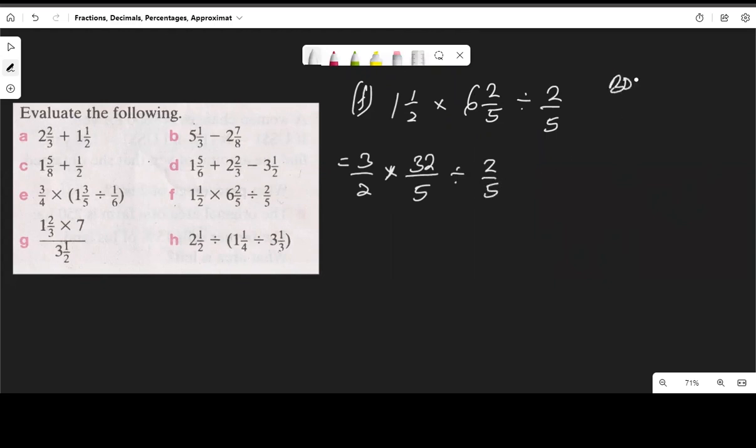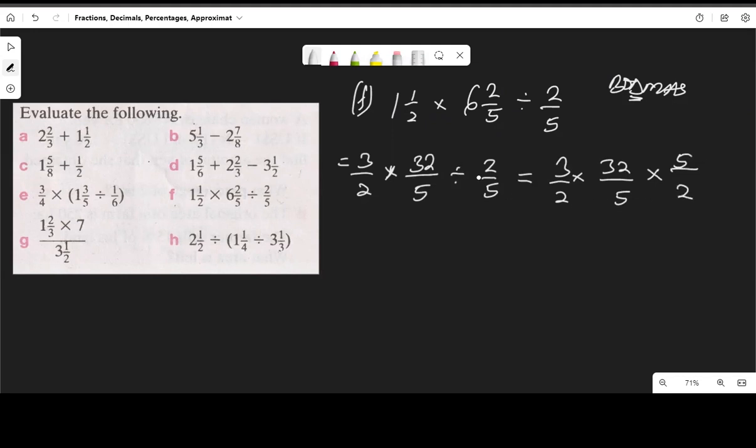If we apply BODMAS here, bracket, of, division, division comes before multiplication. So we need to do the division first, so that we have 3 over 2, this first fraction, multiplied by 32 over 5 times 5 over 2.